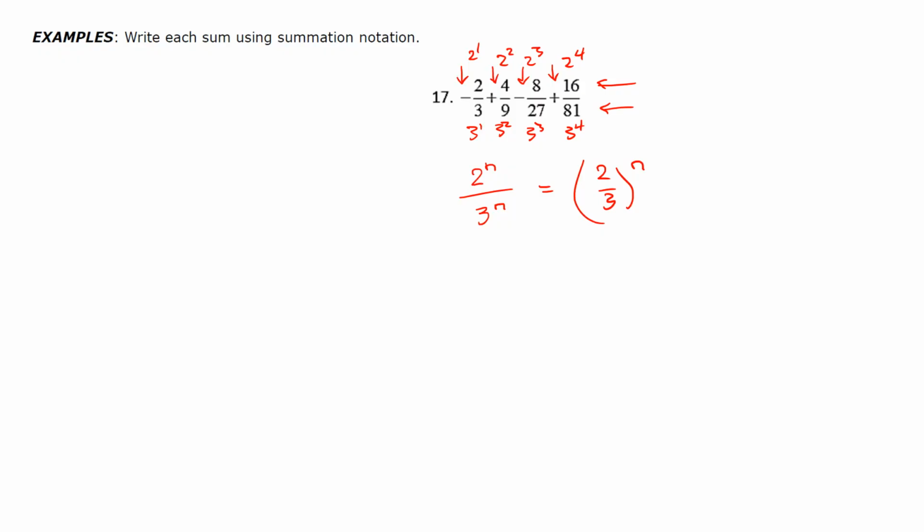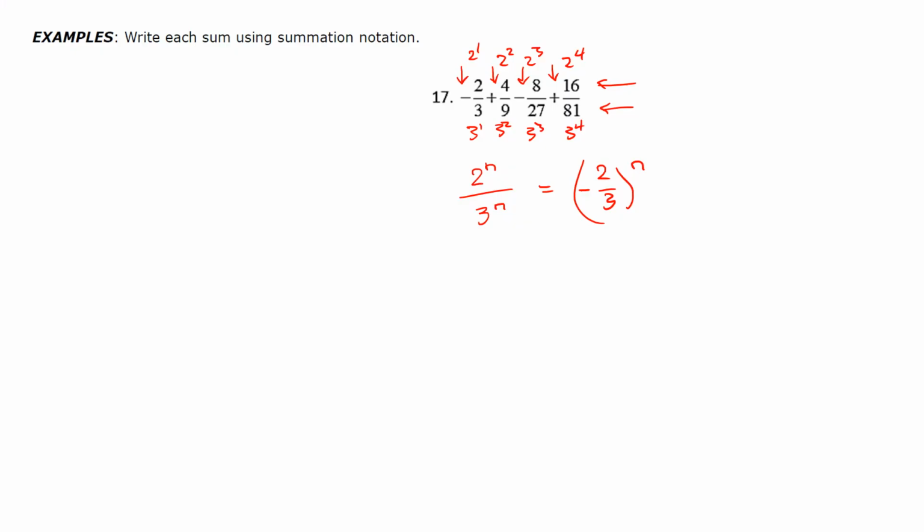For the first one, 2/3, the power is 1. If I have a negative value and I take it to the first power, it's going to be negative. Now let's check the second one. The second one would be 2/3 squared, which will be 4/9, and if I square a negative, my answer will be positive.